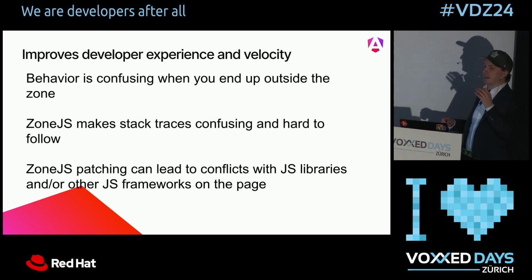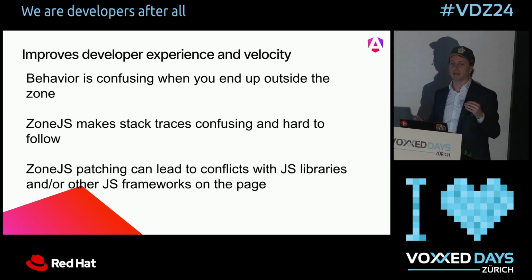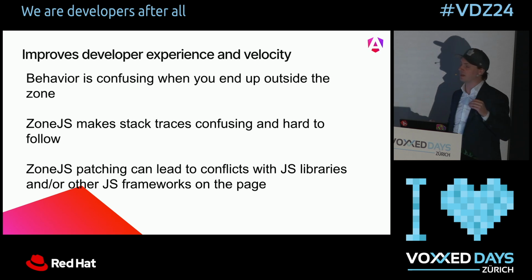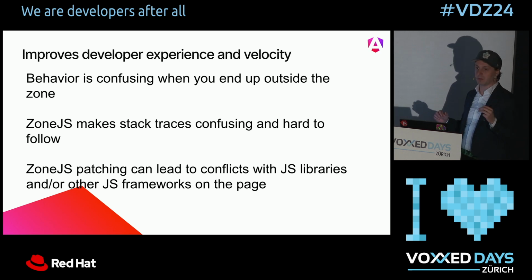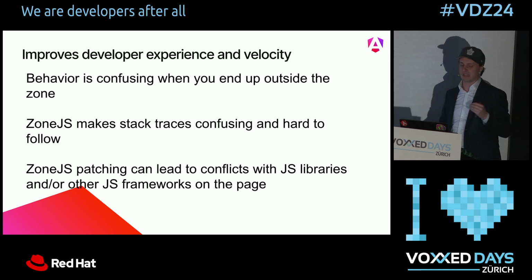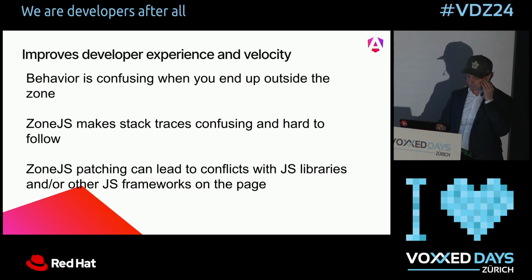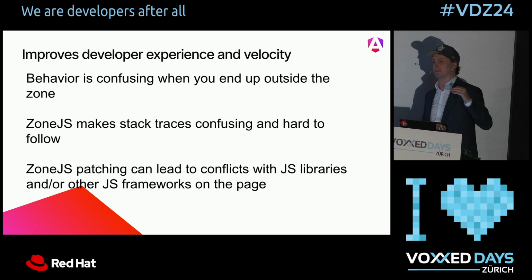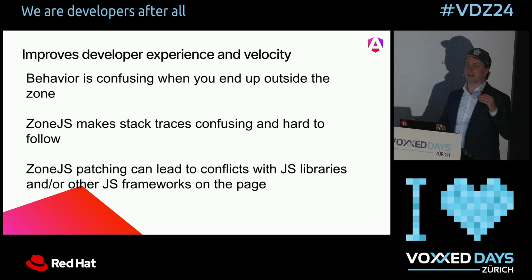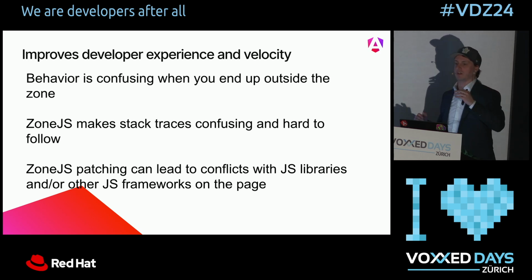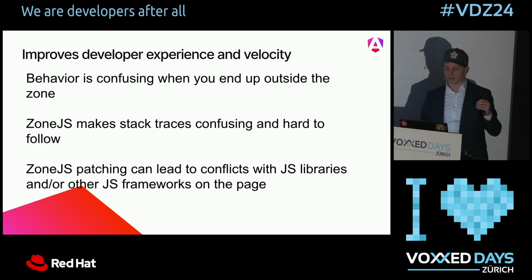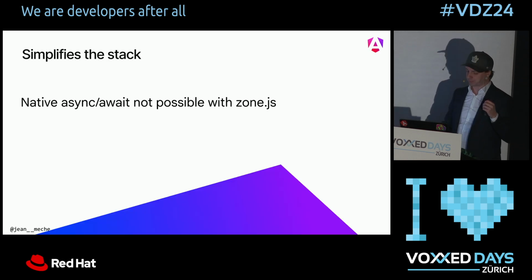Have you ever tried to read the stack trace with Zone.js? So many lines just related to it, it makes it hardly understandable. So it would also improve those stack traces. And also, it can happen that the patching of the APIs by Zone.js can conflict with other libraries. So this would also help.